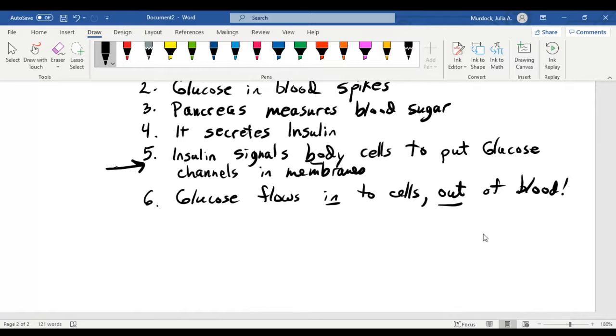The problem is that the body cells in my body just don't receive or respond to the insulin as well as yours do if you're a healthy person, right? So diabetes type 2, the issue is here. Type 2. The reception of the signal just doesn't work very well. Type 1 diabetes, the problem is here.